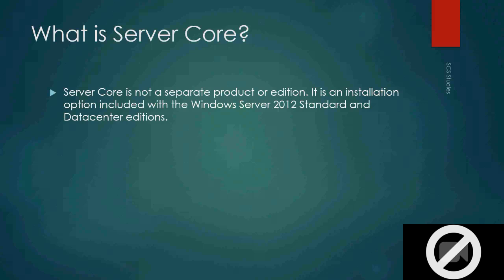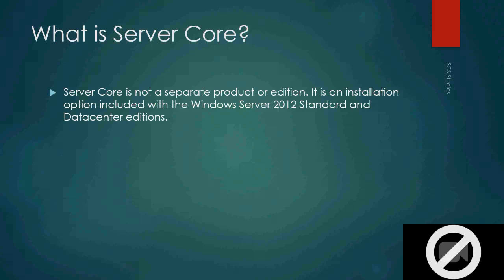Second thing, there is no separate product. That means it is the same. If you install a Windows Server 2012 Standard Core Edition, you get the same features as the Windows Server 2012 Standard GUI platform. But there are certain differences in the CLI. To remove the GUI platform, certain changes have been made, like as we just learned, the MMC is no longer there in the CLI mode, that means in the core edition.